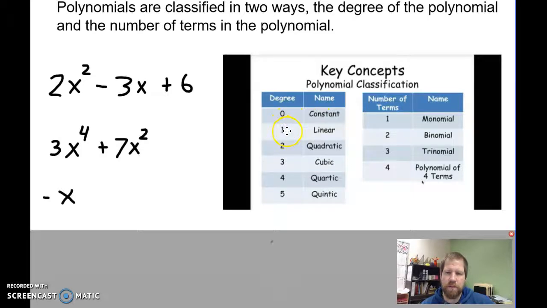If there's one variable, a variable without an exponent or with an exponent of 1, it's linear. If our variable has an exponent of 2, it's quadratic. If it's 3, it's cubic. If it's 4, it's quartic. And if it's 5, it's quintic.